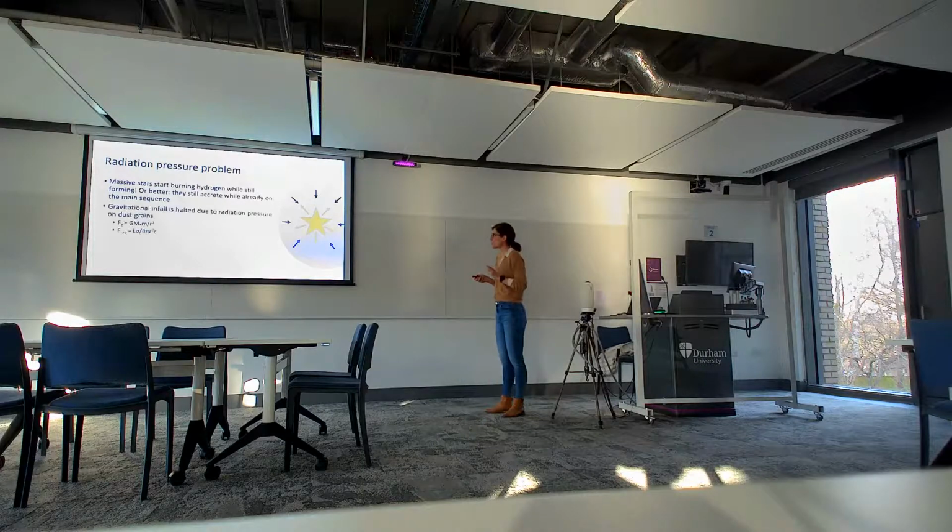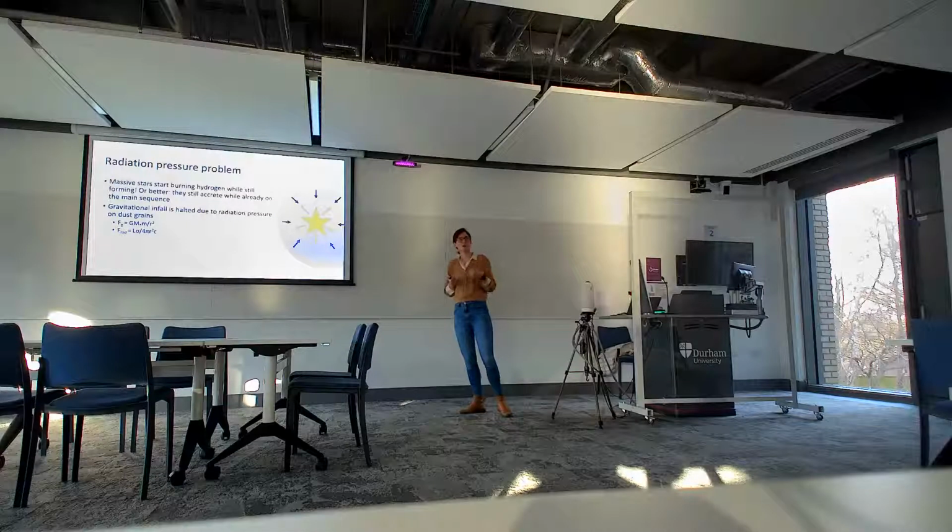So the gravitational infall, which I colored with these blue arrows here, is halted due to the radiation pressure. And the radiation pressure is there because the star is radiating, because it's burning hydrogen, it's on the main sequence, okay?